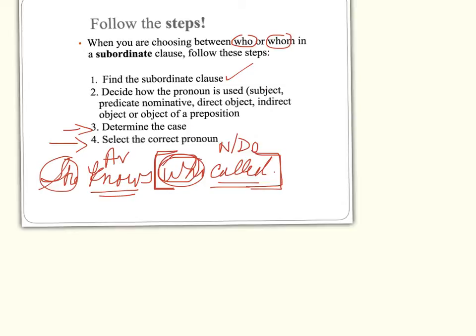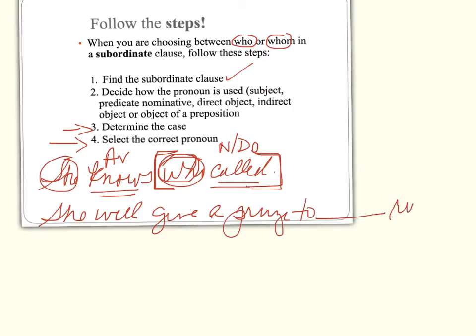Let's take another example. She will give a prize to blank runs quickly. Will give is the verb, she is the subject. Will give is an action verb.